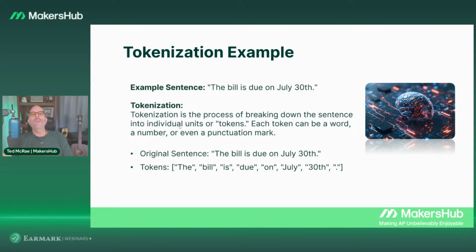Normally, if you think of a legacy OCR product, it's programmed to look for specific terms, right? So due date, invoice number, PO or purchase order. So it's pre-programmed to understand specific items that it's looking for.